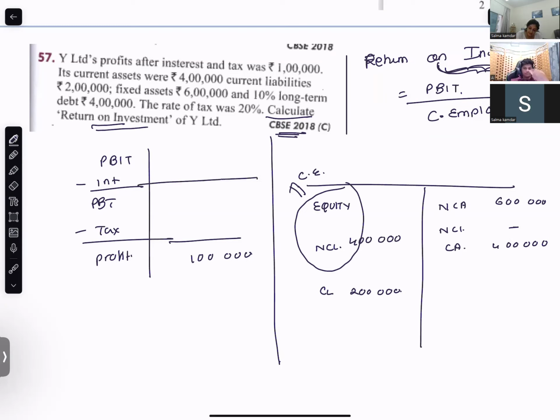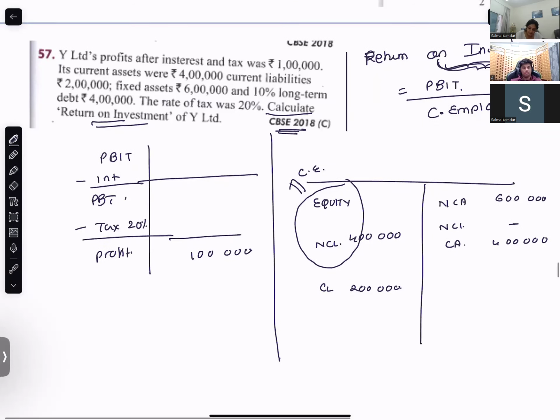Let me see, the rate of tax is 20%. So PBT will be 100, profit will be 80. If 80 represents 1 lakh, so 100 is how much? So 1 lakh into 100 divided by 80.